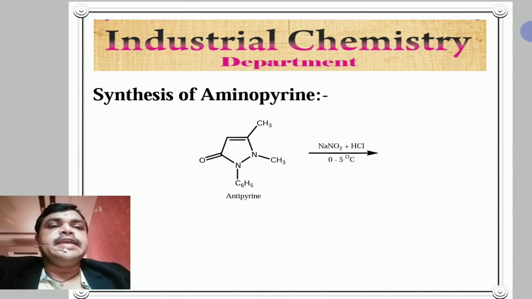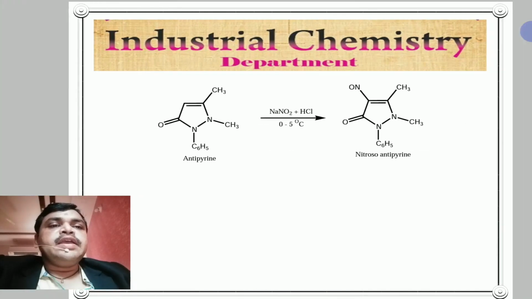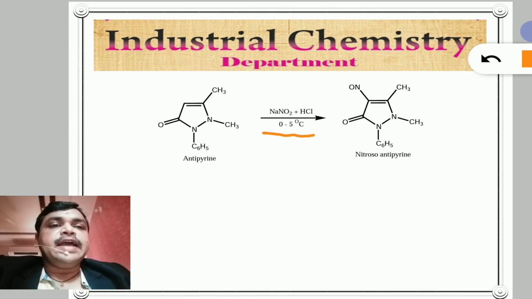This reaction is known as diazotization. Note that a temperature of 0 to 5 degrees Celsius is required. If the temperature is higher, above 5 degrees Celsius, then the diazotization is not completed and we get loss of yield.